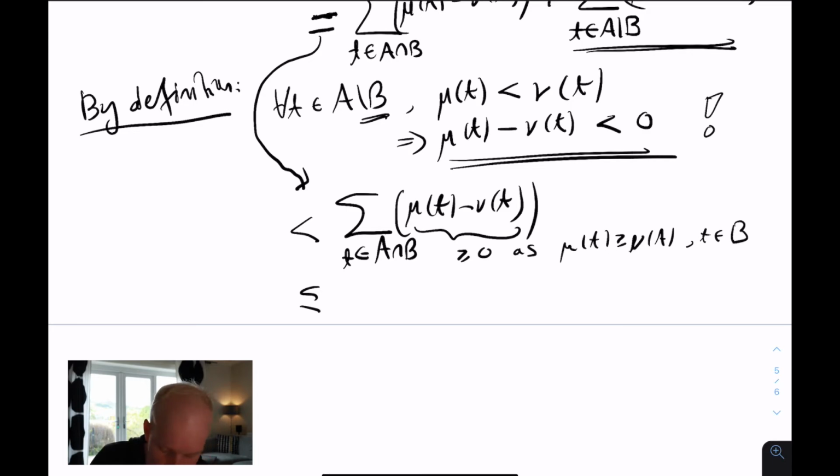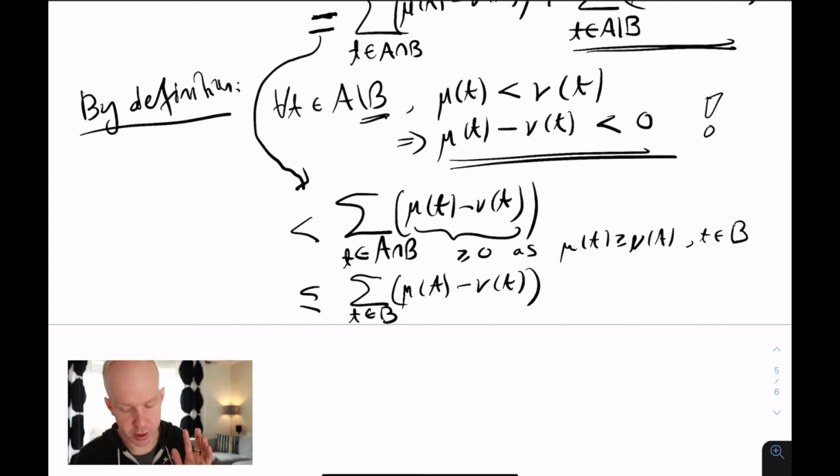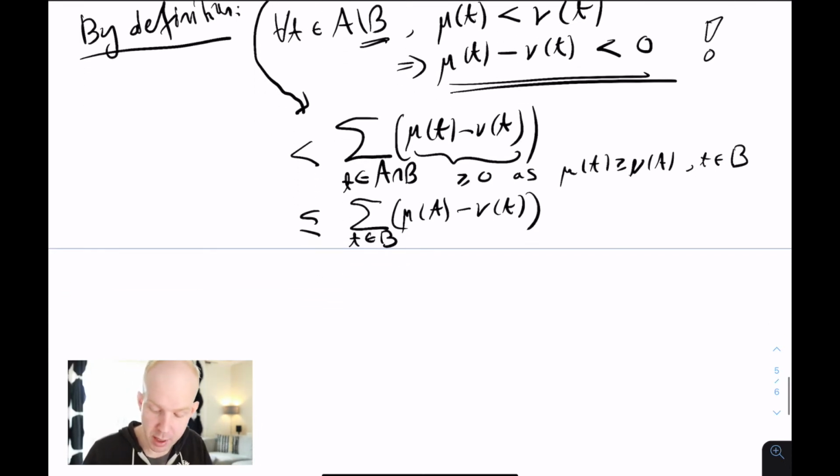You can bound this by the sum over t in B of mu t minus nu t. So instead of summing just over the points that are in A intersection B, you just sum over all of B. That's how you got rid of the A dependence of the whole thing.